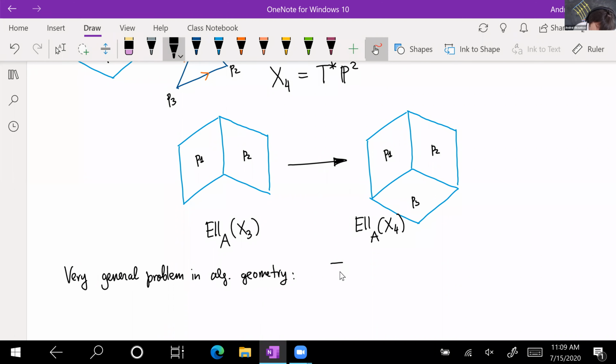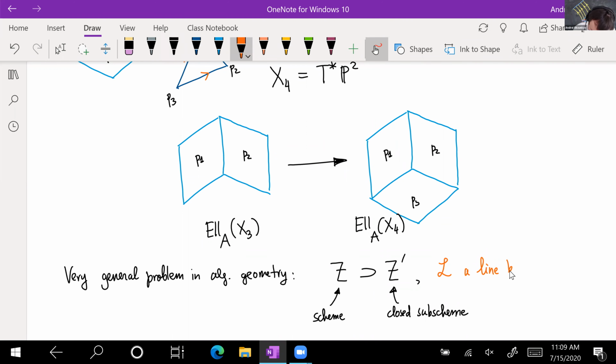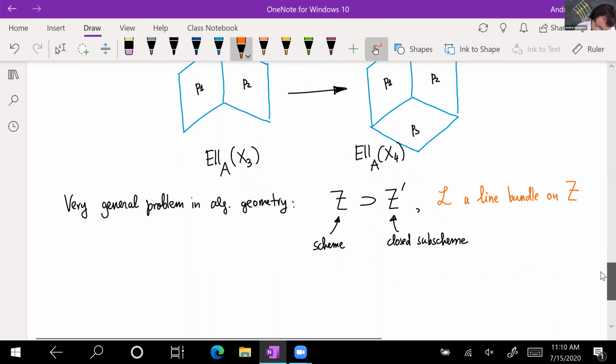If I have Z, let's just say a scheme, and an inclusion of a closed subscheme Z prime, and if I have a line bundle L on Z, then there's a very general kind of interpolation problem.